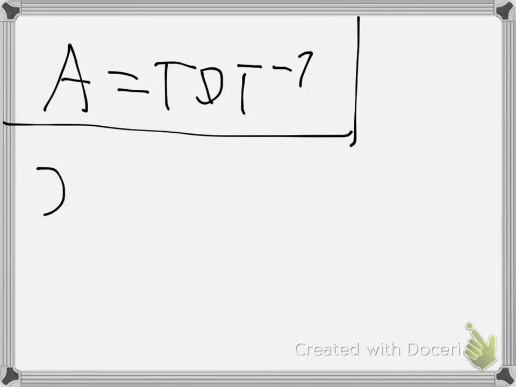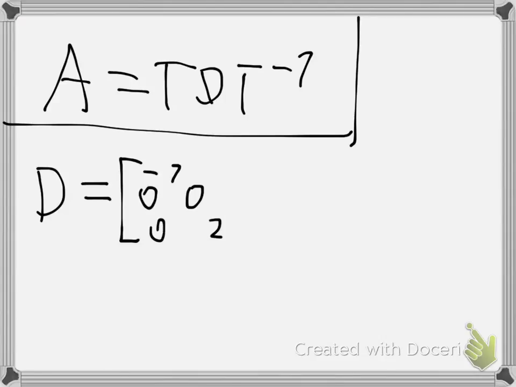So our diagonal matrix D will have the eigenvalues as its non-zero entries: negative 1, 0, 2, 0, 0, 0, 0, 0, 0.